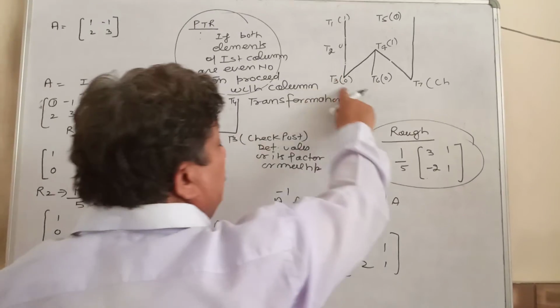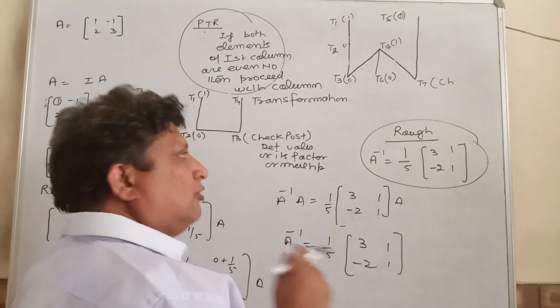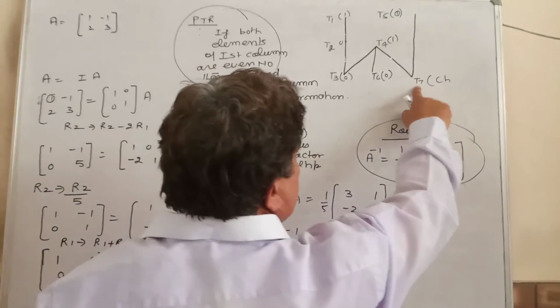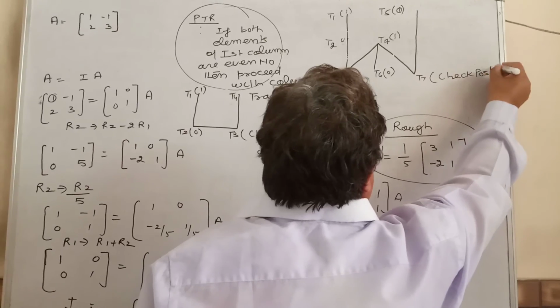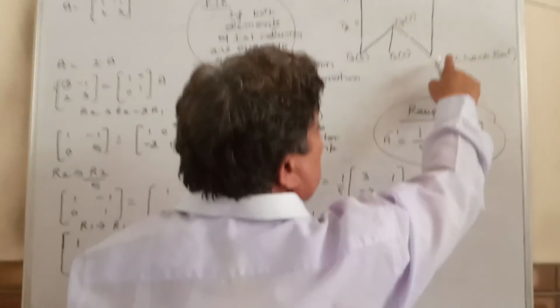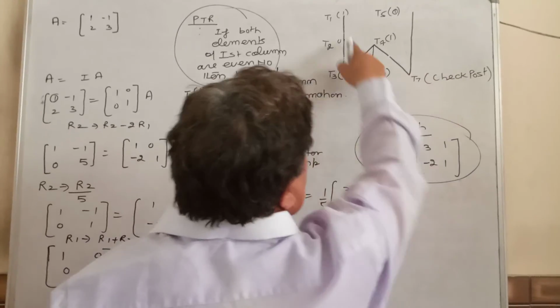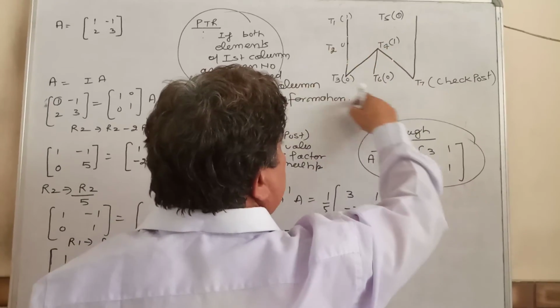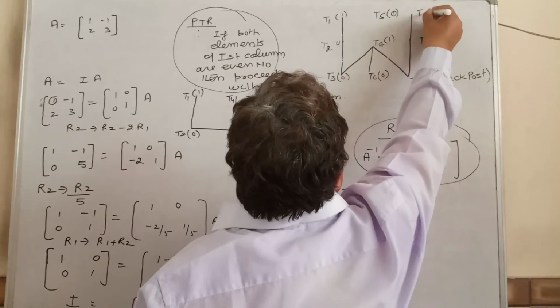But this W method lets you control whether you are going on the right track or the wrong track, and that is the T7. If the check post here becomes the determinant value or its factor or multiple, then it means you have done 5 or 6 steps the right way, and this is T8 and this is T9.